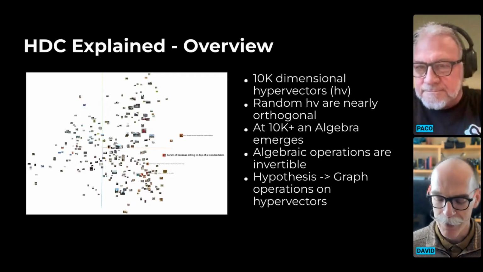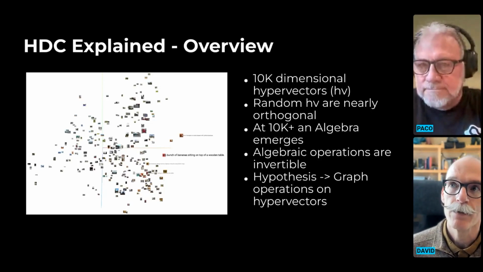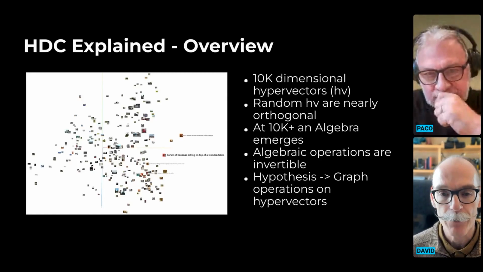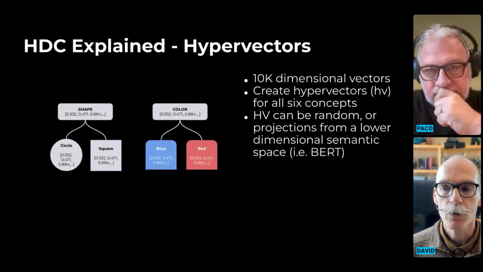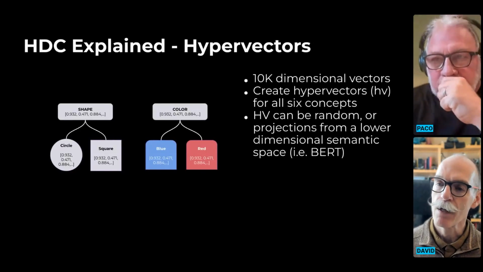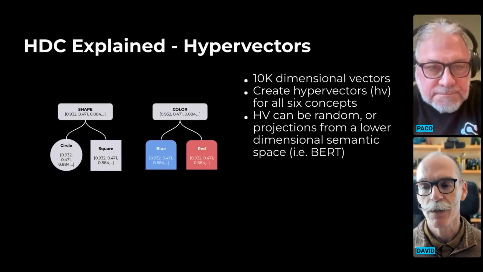So pretty interesting stuff. And my hypothesis is that we can use the concepts and features of hyperdimensional computing to think about graphs. And here's how. So real quick, hyperdimensional computing, like I said, we're going to start off at 10,000 dimensions. And one of the canonical examples is the following.